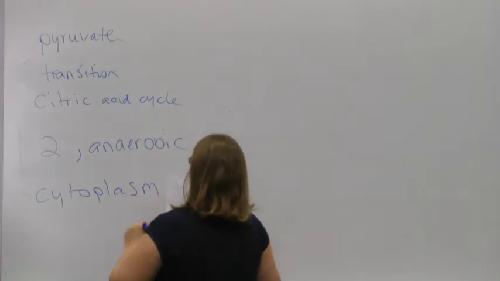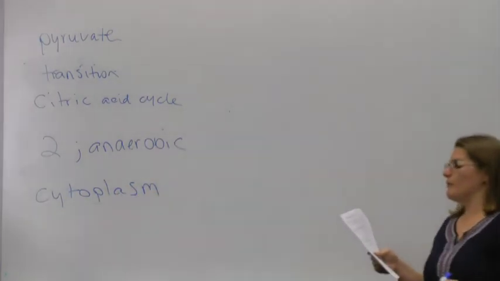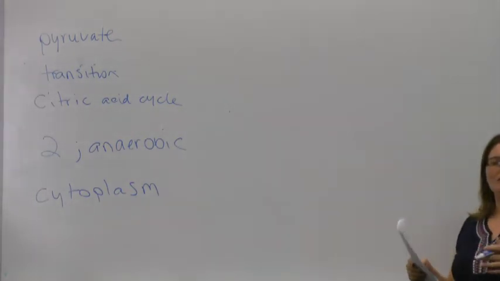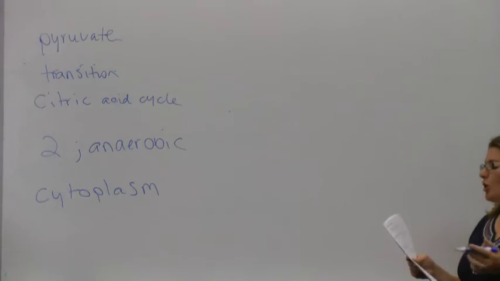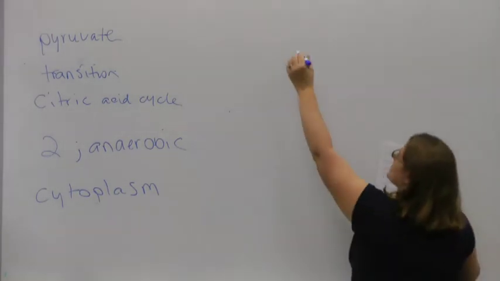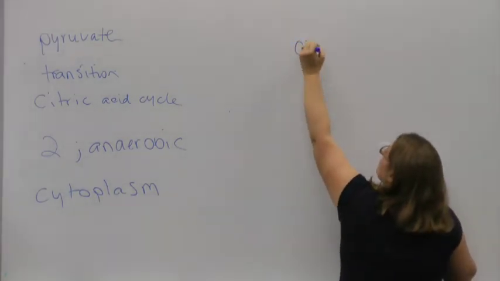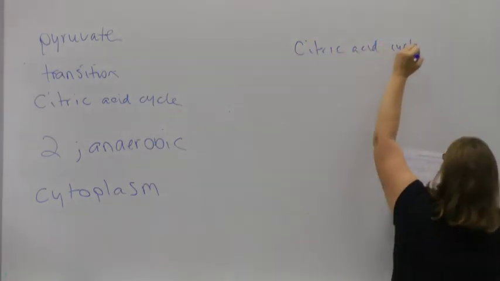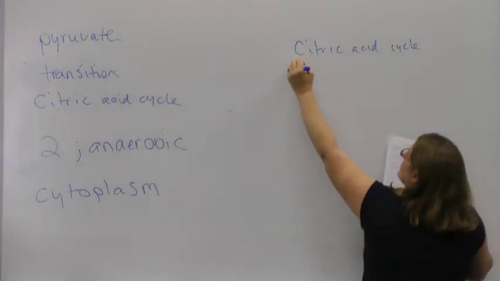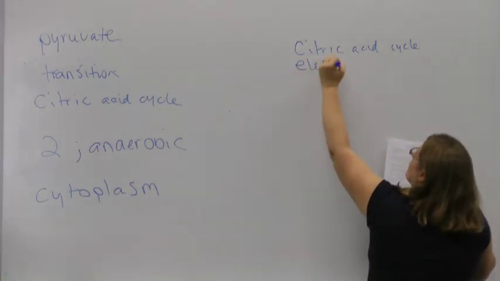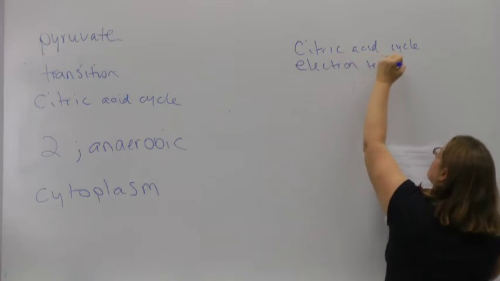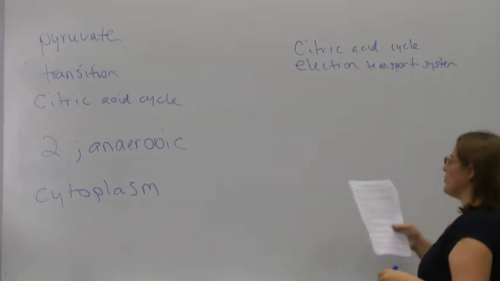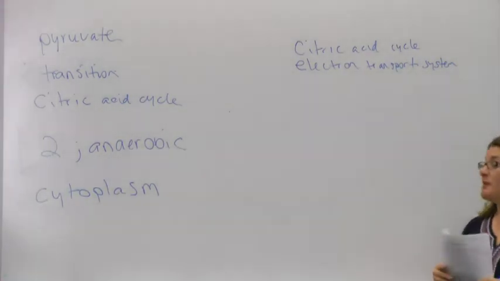For number four, the second and third stages that are involved in aerobic cellular respiration are called what? So the second stage, you already told me before, what's the second stage called? The citric acid cycle. And what's the third stage? The electron transport system. Okay. Produce a net gain of how many molecules of ATP, both total?